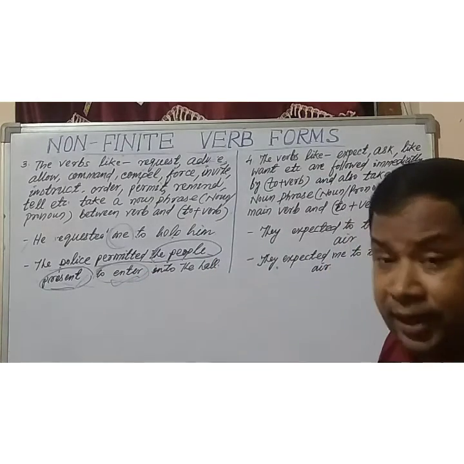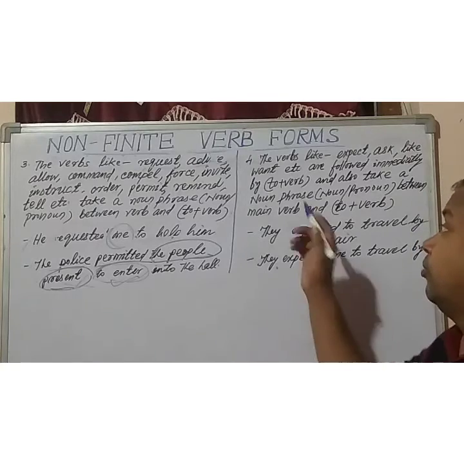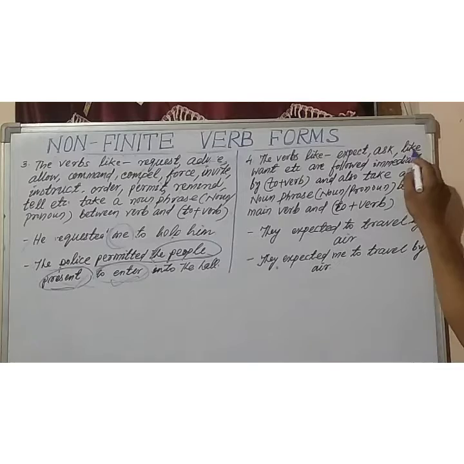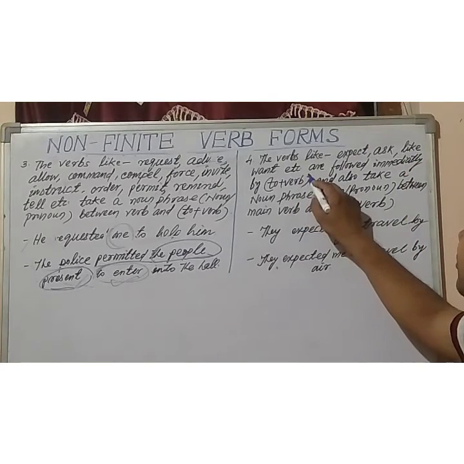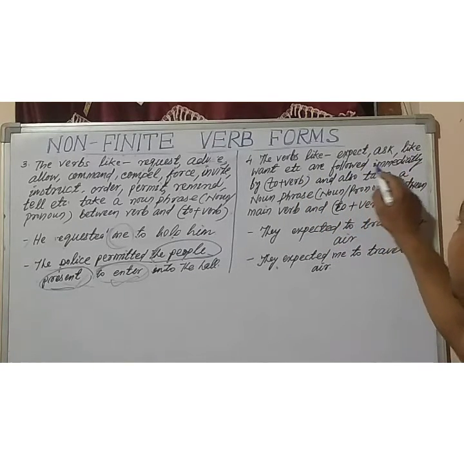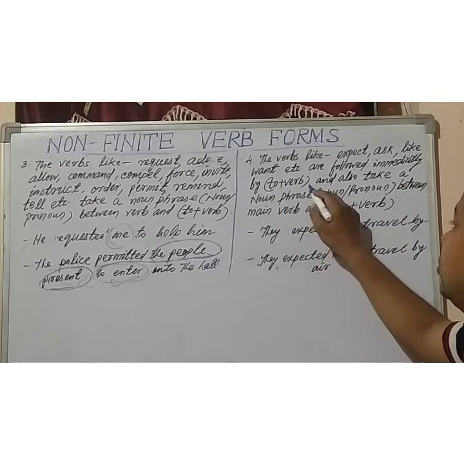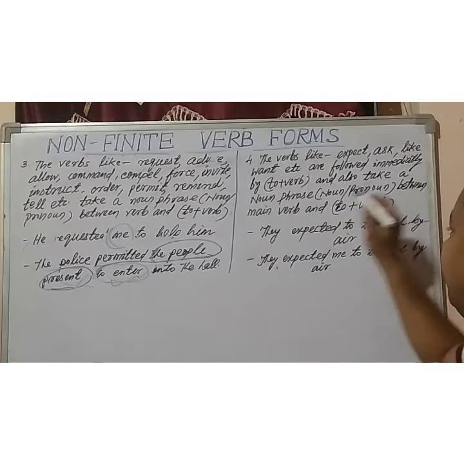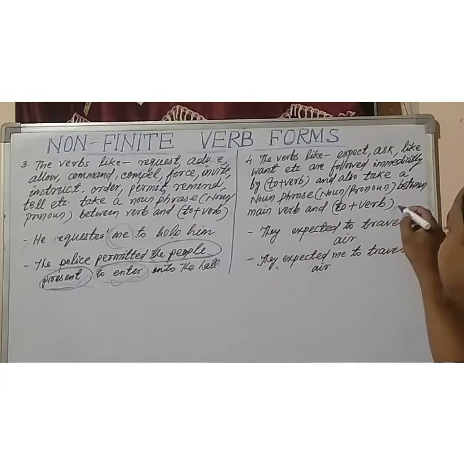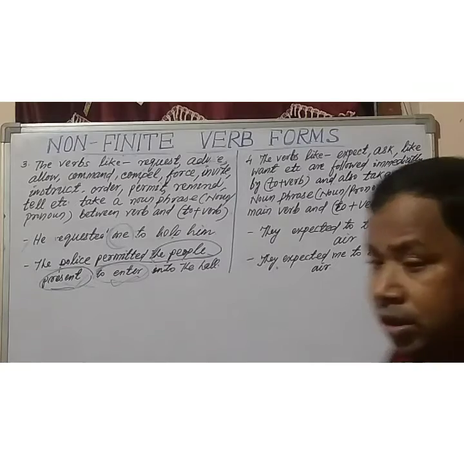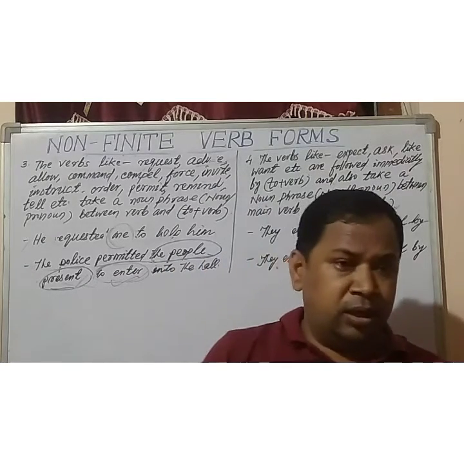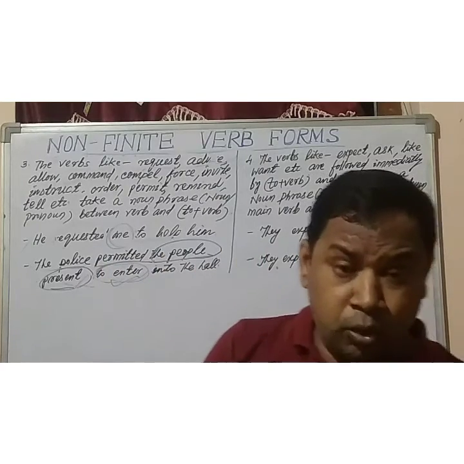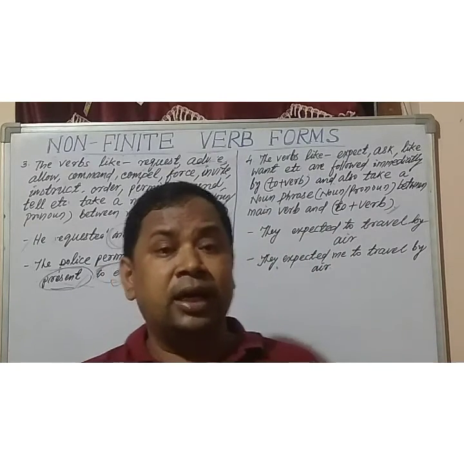Okay, and let's see the next point, number 4. The verbs like expect, ask, like, want, etc. are followed immediately by to plus verb, and also take a noun phrase between main verb and to plus verb. Here you see, this is something different. That means both the conditions are applied here.